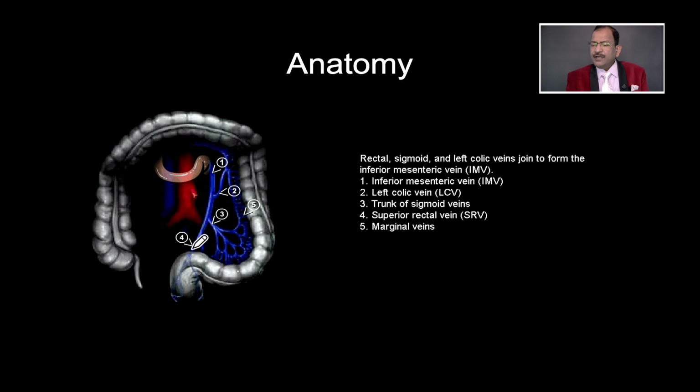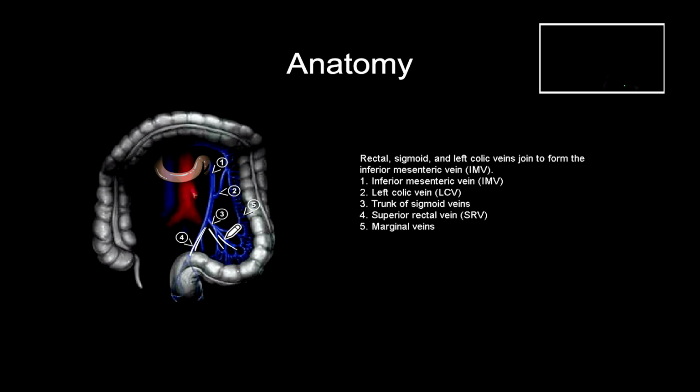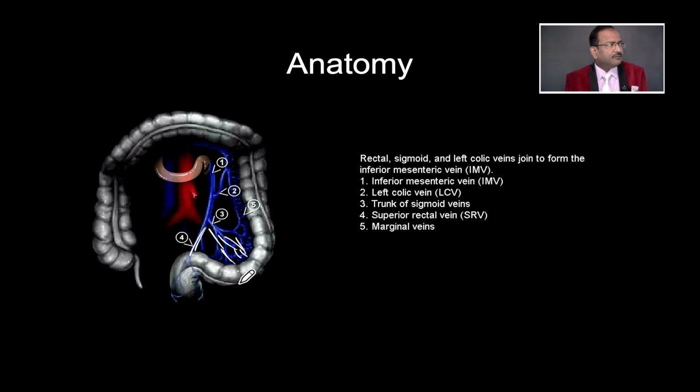So we have the superior rectal vein, then the marginal veins, then the main sigmoidal vein, and then it drains into the inferior mesenteric vein.